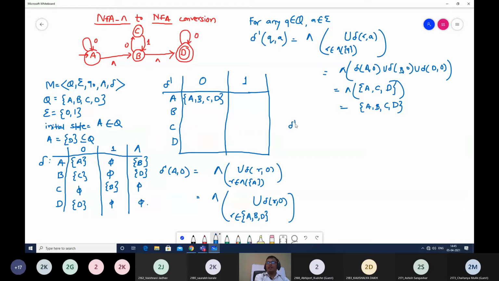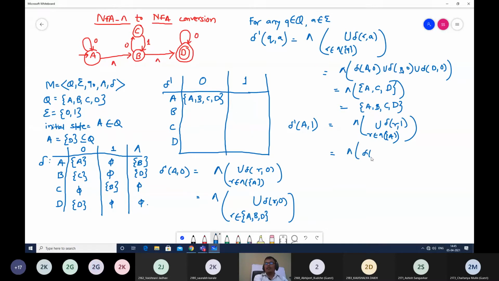Similarly, next I calculate delta dash of A comma 1. This will be null closure of union of delta of R comma 1, where R is null closure of A. Now we have null closure of A as ABD.